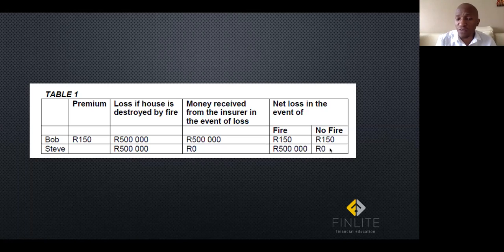The net loss in the event of no fire is zero. So you can see that the insurance is justified in this particular manner, where the person has taken a huge risk of 500,000 and carried it, when they could have covered that risk for a mere small premium of 150 per month. So that is a mere example.